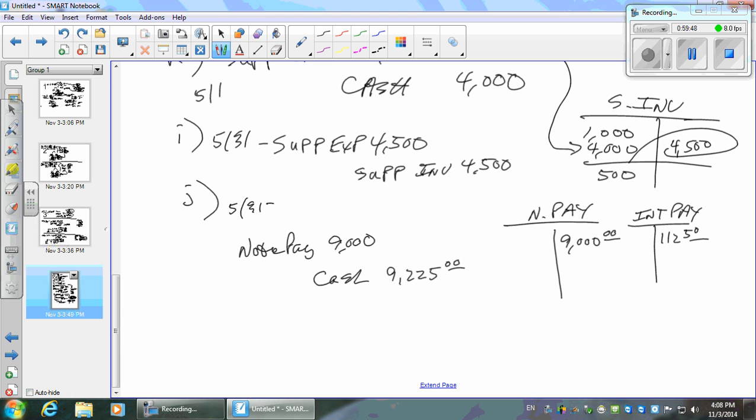How much interest payable are you paying off? 112.50. That was last month. What do I need? Another 112.50 for this month. What's that going to be called? I incurred the cost this month. Yes, interest expense. That was good. Easier now, but still makes you think.